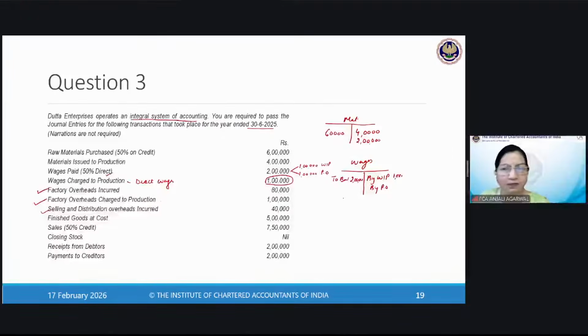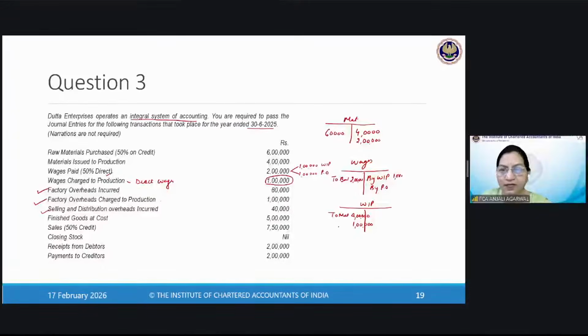Factory overheads incurred. You can prepare a WIP account. There is no opening balance. So material has come for 4 lakhs. Wages have been incurred 1 lakh.